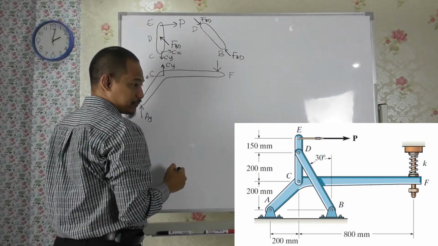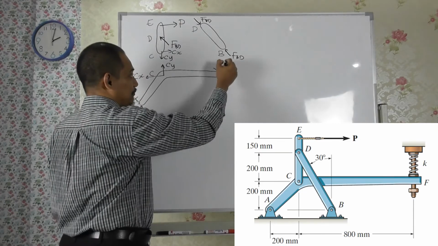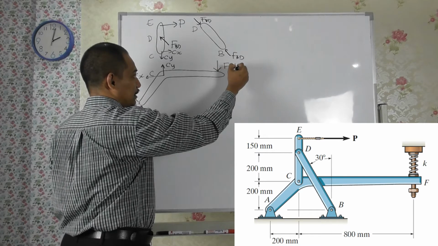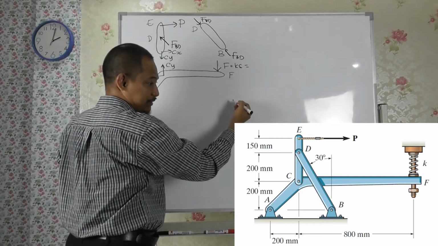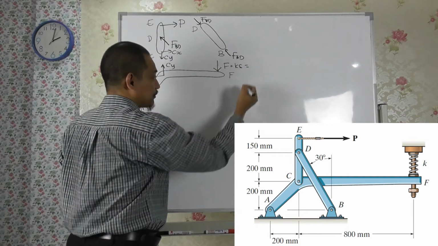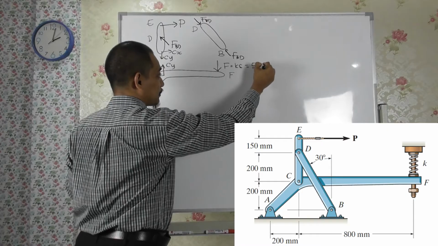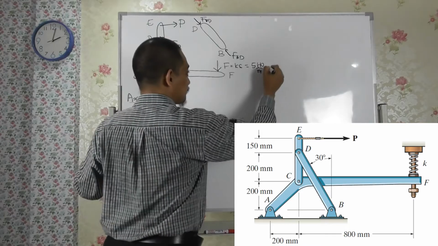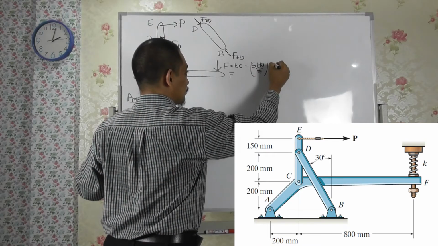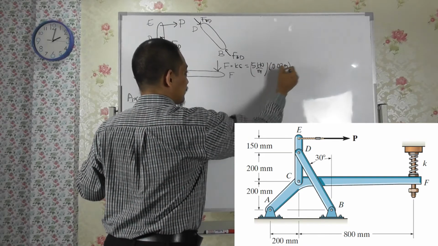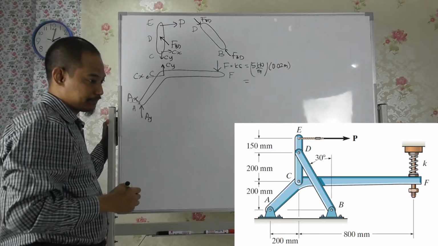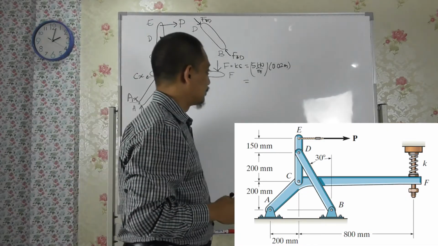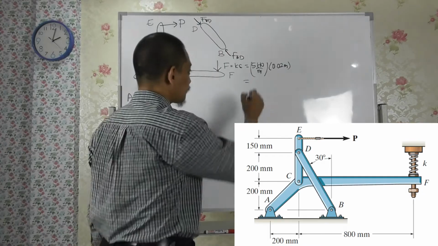And then the value, we know F equals Ks. So K is, in this case, 5 kilonewton per meter, and S is 0.02 meter. So you can calculate this. What will it be? 0.1 kilonewton, right?